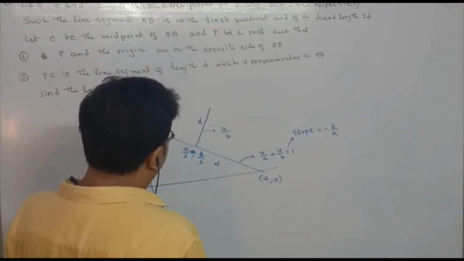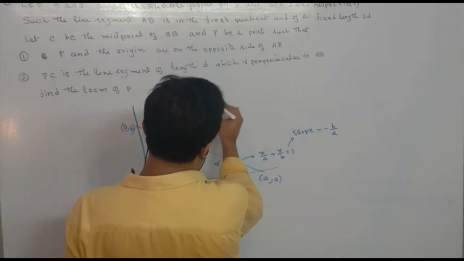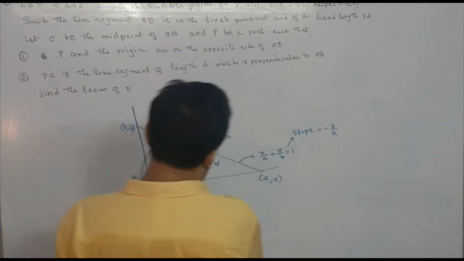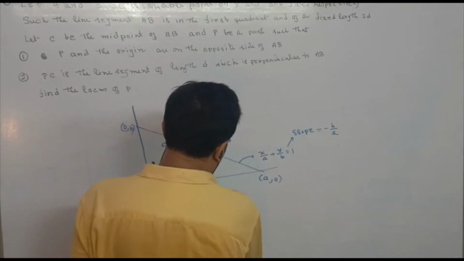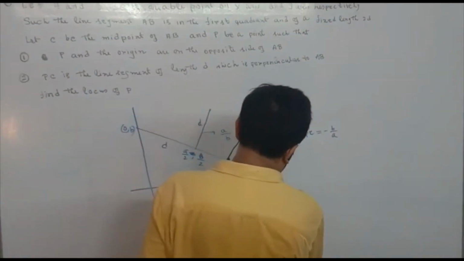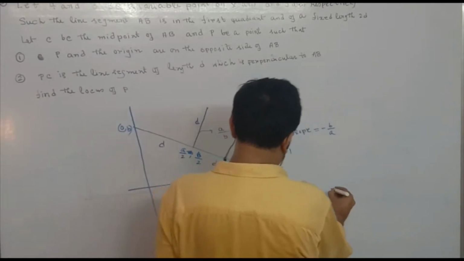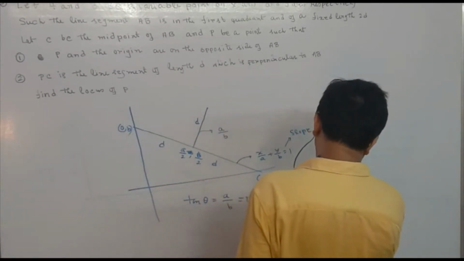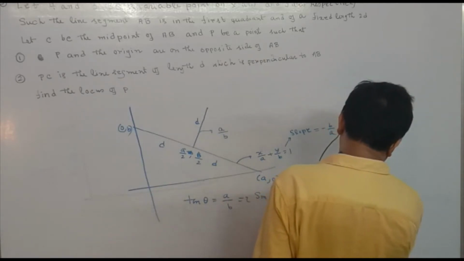Now the question is, what would be the coordinate of this point? As tan theta equals a by b, that implies sin theta equals a by root over a square plus b square and cos theta equals b by root over a square plus b square.